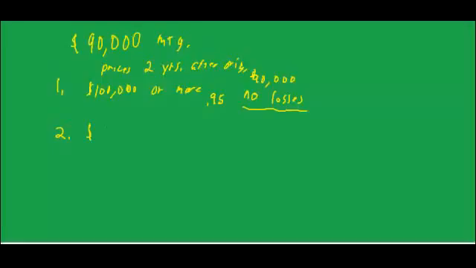Then I'm going to have a possibility of the price going down to $90,000, and I'll say that the probability of that happening is 4%. And then a big drop, a 20% drop in home prices, I'll give a 1% chance to.